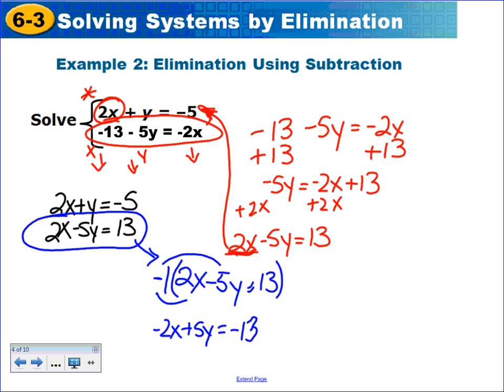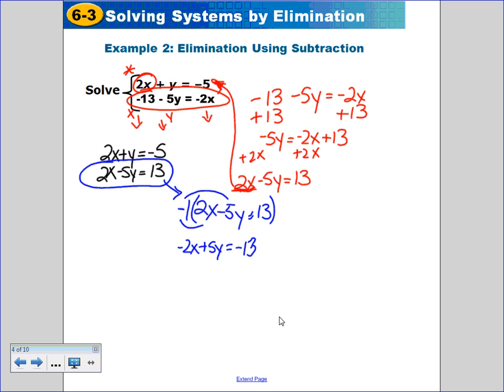So now I can take this equation and I can begin eliminating. So, going back, I'm going to take my top equation, 2x plus y equals negative 5, and my new equation with my negative 2x, negative 2x plus 5y equals negative 13.